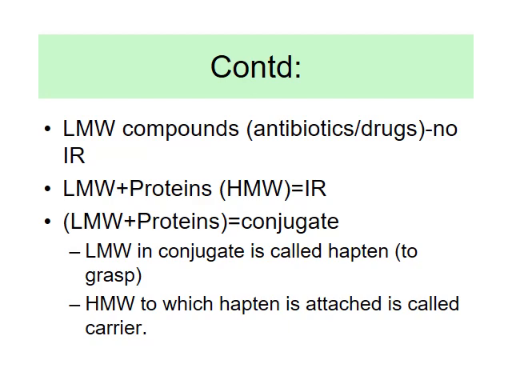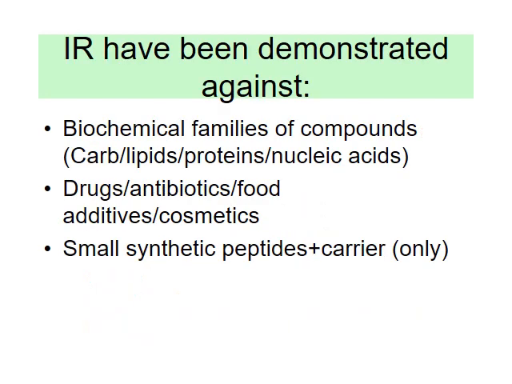The reason is that either you or your body tags that with a protein, so it becomes a high molecular weight, right? Or conjugate it. And there is a lot of conjugation taking place, for example, hapten. So once the hapten is attached to it, then there's a problem there. So we have to work on the drug to make sure that it doesn't conjugate with anything that causes a problem.